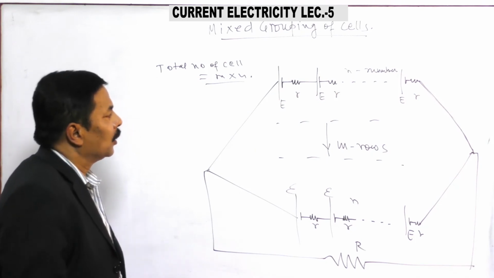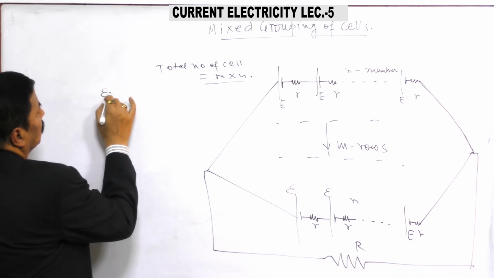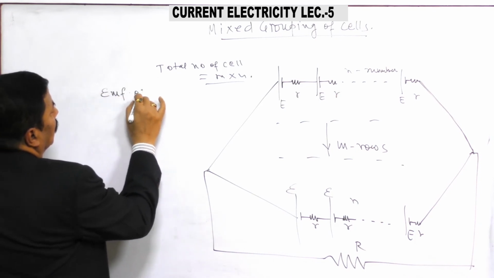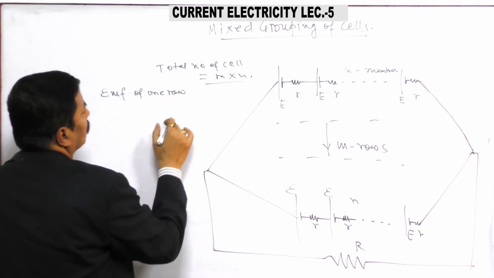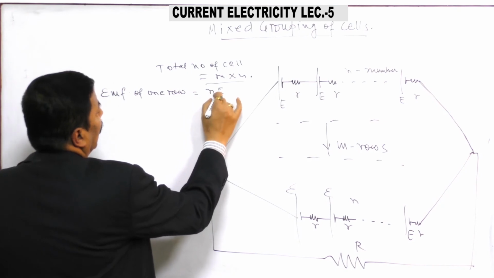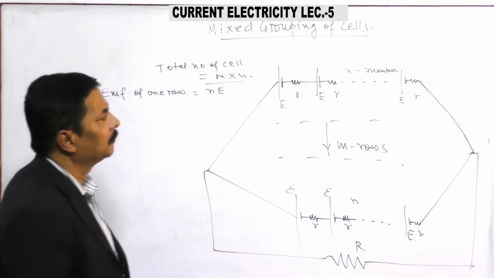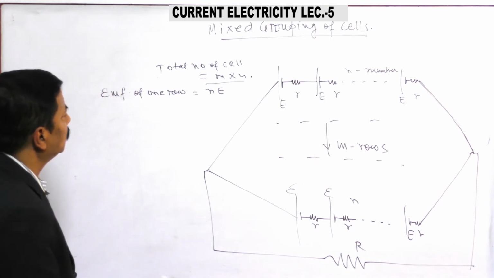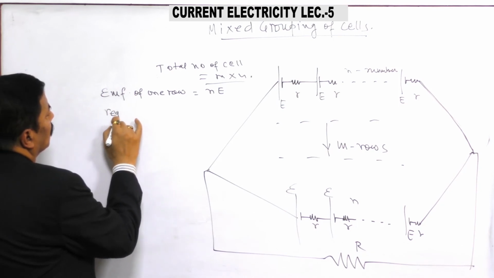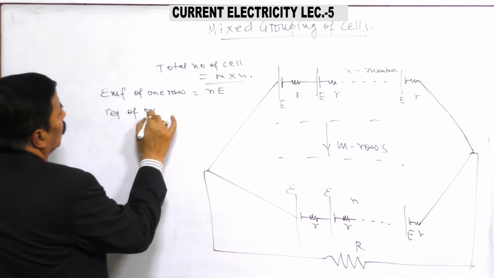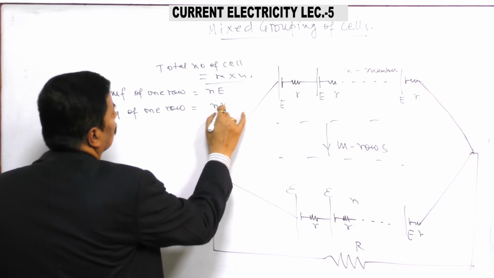So the EMF of one row, as n cells are there, is nE, and the R equivalent of one row is nr.